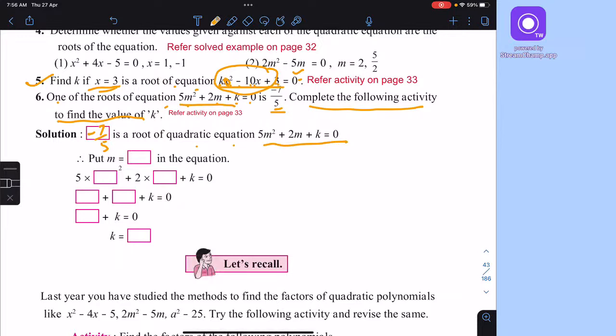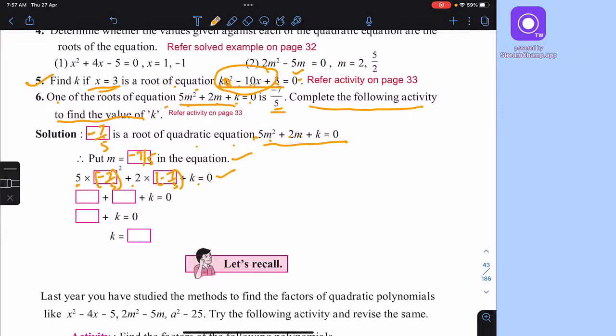Therefore, you have to put m is equal to minus 7 upon 5 in the given equation. So 5m square, 5, and m is replaced as minus 7 upon 5. So this is minus 7 upon 5 square plus 2 into m. So 2 into minus 7 upon 5 plus k is equal to 0.